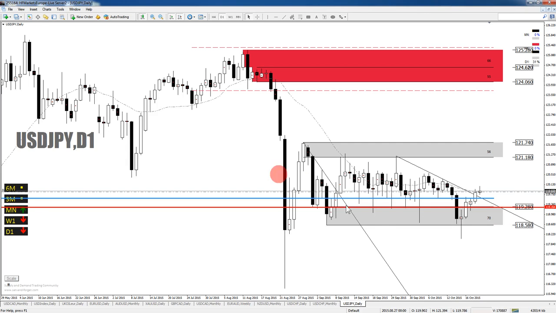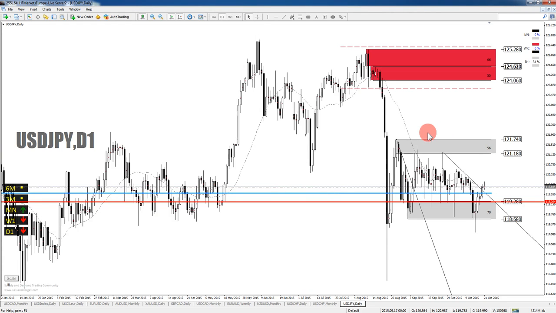I've been talking about many other things, so I don't know what you are referring to. If you can explain, I will gladly reply to your question. Current demand level. There's no current demand level. This is taken out. I just drew it there so you could see that retest. Make sense? That's over. Now it's over.